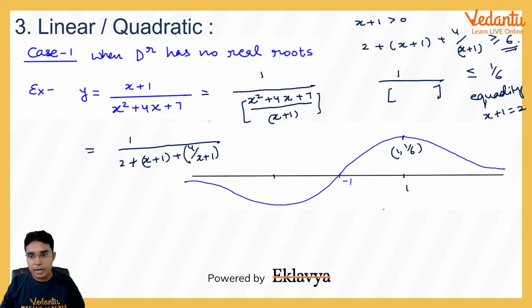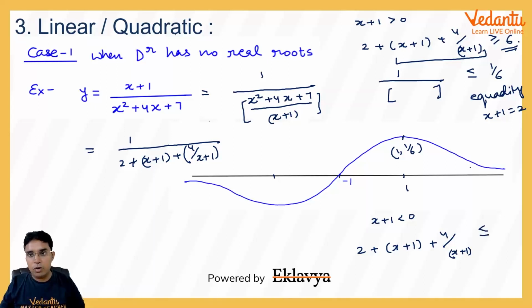And similar to that, when x plus 1 is negative, consider this 2 plus x plus 1 plus 4 upon x plus 1 thing. Please see, if we apply AM-GM on it, it will be less than or equal to minus 4, and less than or equal to minus 4 plus 2, so it will become minus 2.